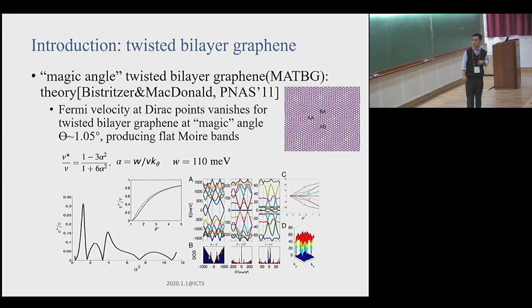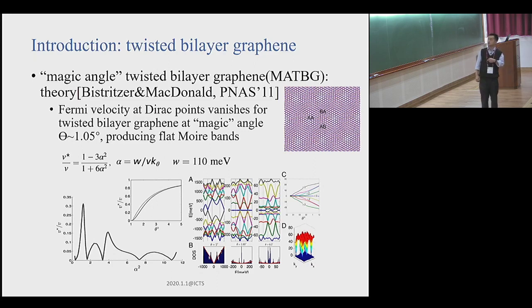I think Ashwin already gave some introduction about twisted bilayer graphene last week, but let me quickly give you this background. We have this so-called magic angle twisted bilayer graphene, theoretically proposed by MacDonald, and also by some earlier theorists.